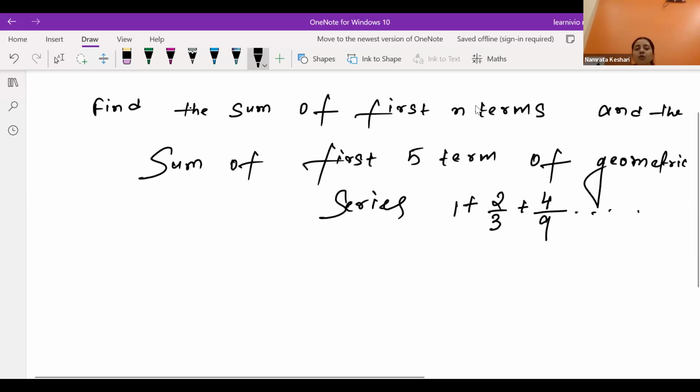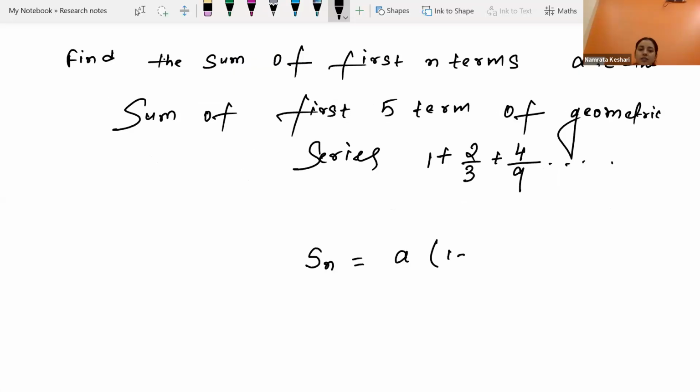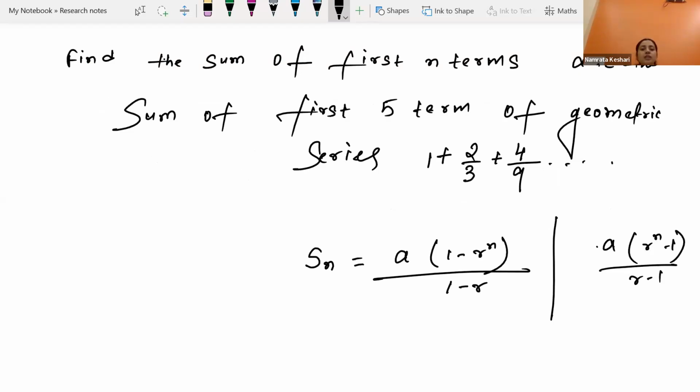We have already discussed that the formula for finding the sum of a geometric series is Sn = a(1 - r^n)/(1 - r). You can also write the same formula as a(r^n - 1)/(r - 1). It's the same thing.